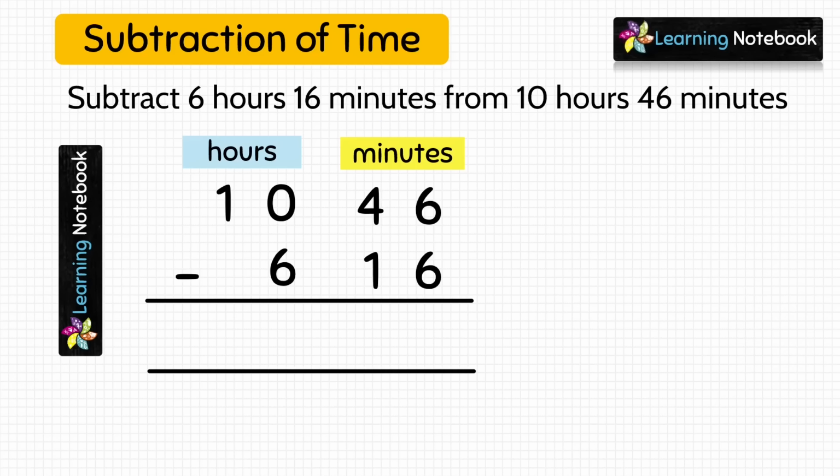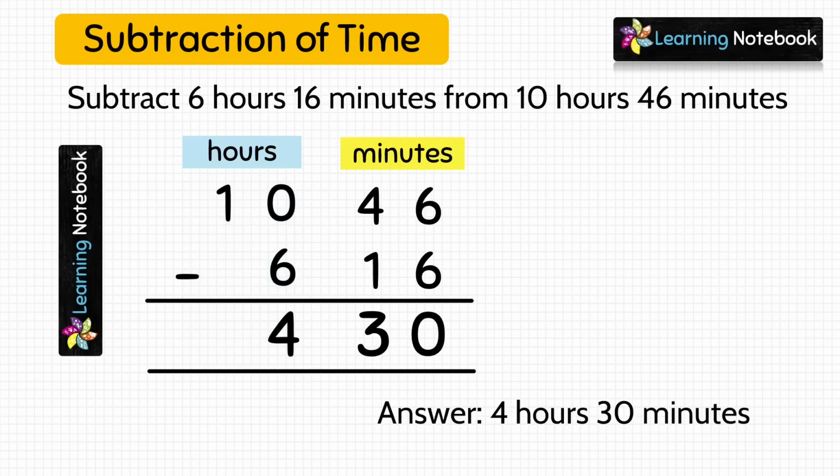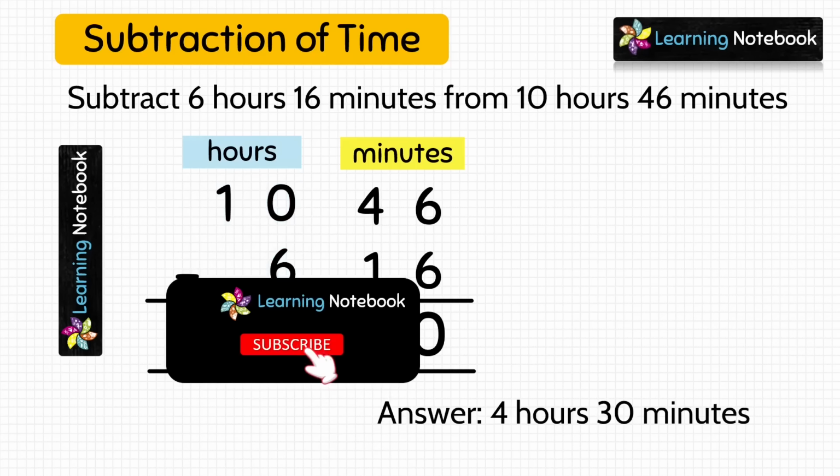Now we will subtract minutes first. 46 minus 16 equals 30. Now let's subtract the hours. 10 minus 6 equals 4. So the answer is 4 hours 30 minutes.